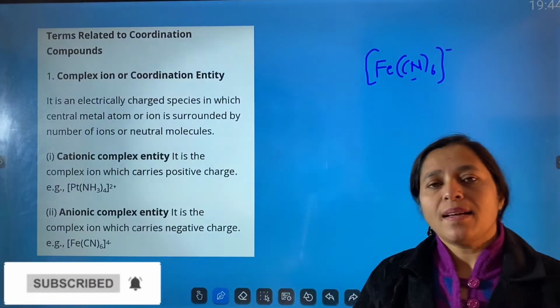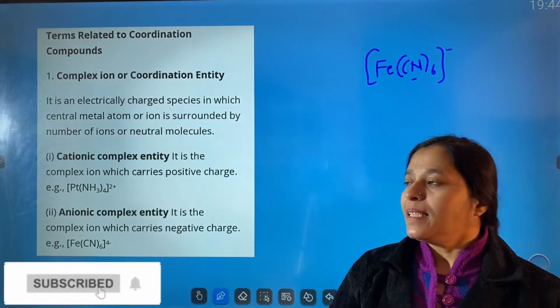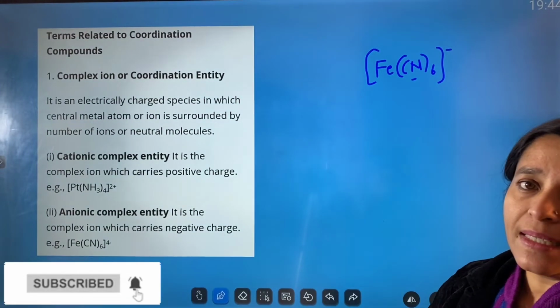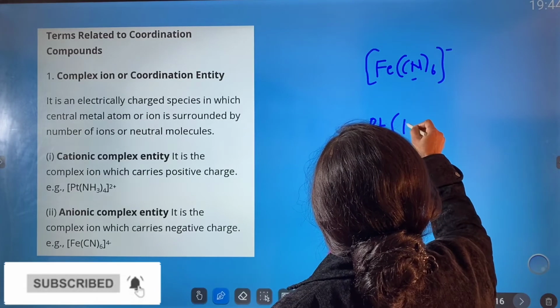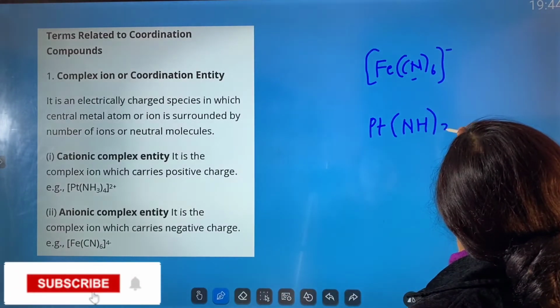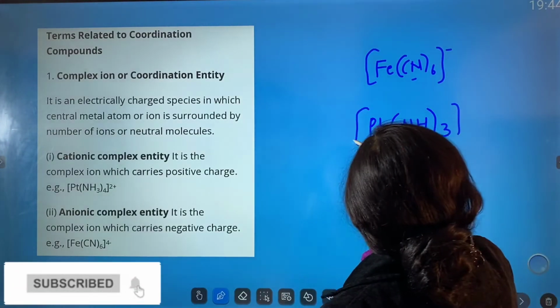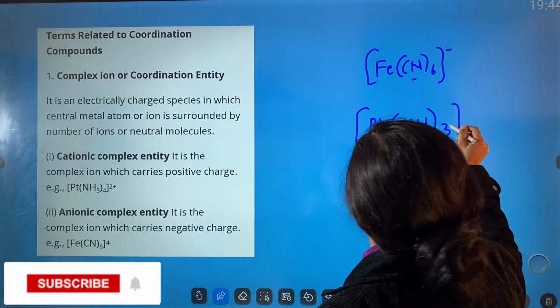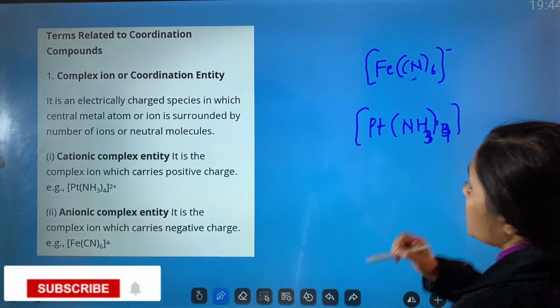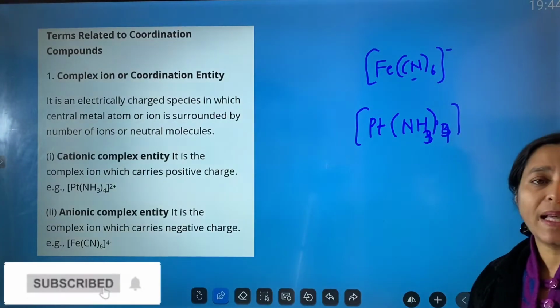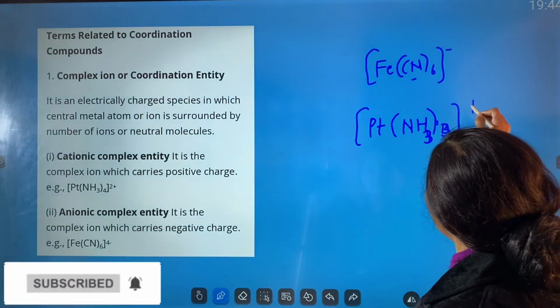Next one is cationic complex entity. If the complex ion is positively charged, then it is a cationic complex entity. For example, tetraammineplatinum ion, it's a positively charged species.